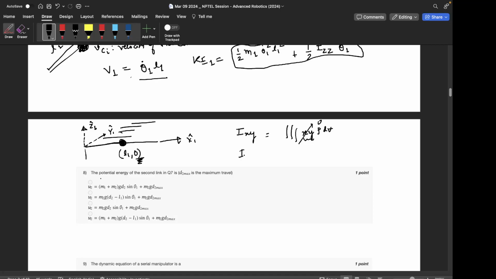So xz will involve the product of x and z, but in the z direction also the coordinate, if I write in 3D coordinates, z is also always 0. So terms involving z and y will always vanish. So xy, xz are 0, and the only term that remains is yz, and yz involves y and z, so that is also 0. So all of the off-diagonal terms are 0 here.